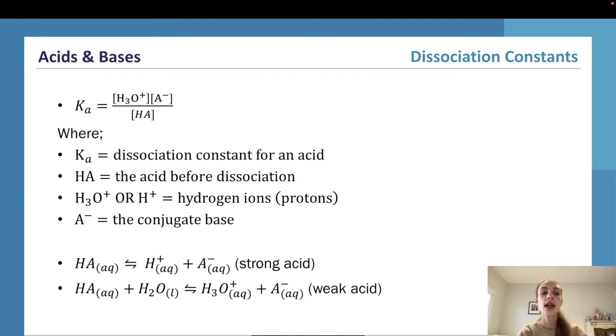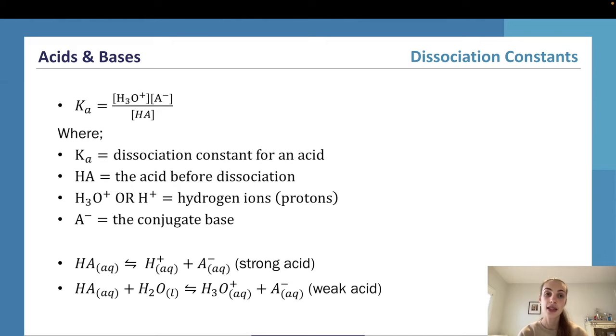So in order to calculate Ka, we have this reaction constant value equation which we use, and so we can see that it pertains to the reactions down the bottom. So Ka is going to equal the conjugate base times the conjugate acid divided by the original acid.